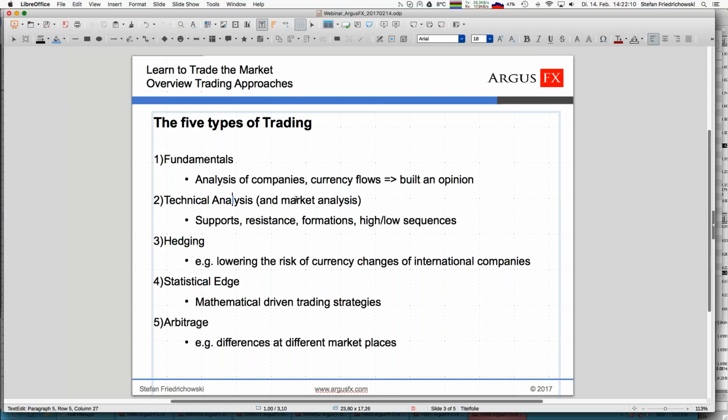And finally, what you may find within the chart are so-called high-low sequences. That is the special topic of market analysis in a little bit more detail. So you have sequences with higher highs and higher lows, and those would identify an increasing market, so an upward trend.